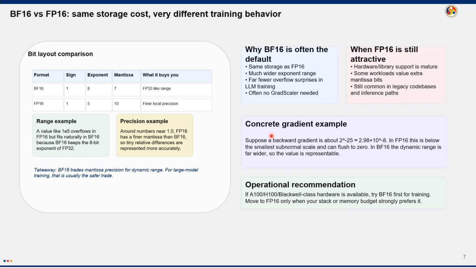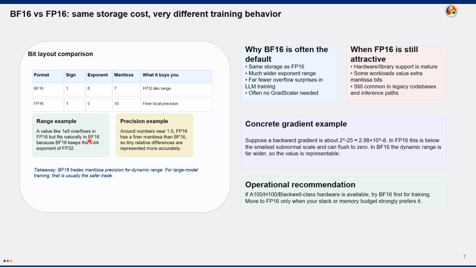Okay, so why is BF16 often the default? We have given an example before, and here is another example of range. A value like 1e5 overflows in FP16, but fits naturally in BF16.